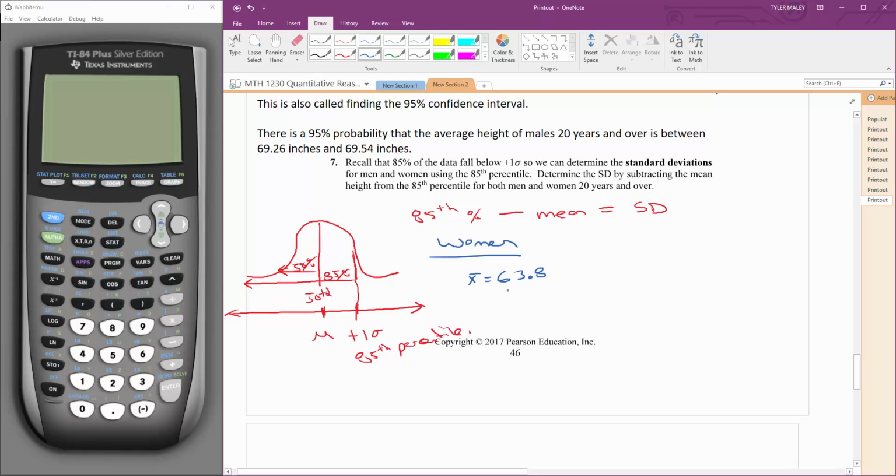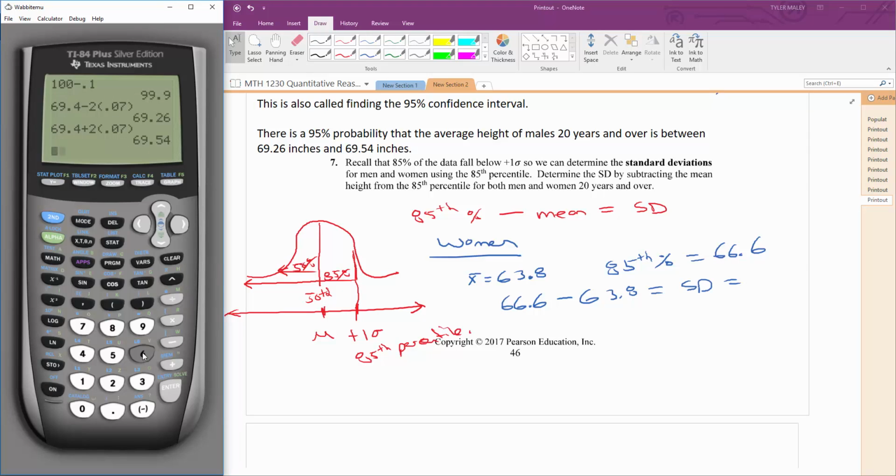And on the 85th percentile column, you'll find that the x value is 66.6. So if I take 66.6 minus 63.8, this is a way I can approximate the standard deviation. That gives me 2.8, so I can approximate theta to be 2.8.